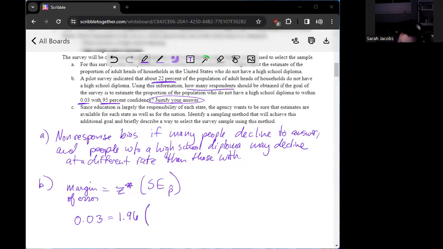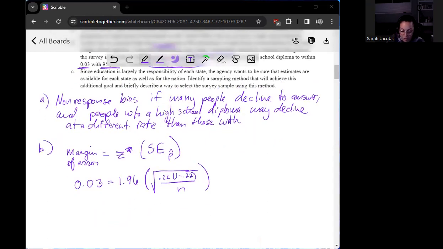Lastly, standard error. So that is going to be our proportion, 0.22, that's 22%, times 1 minus our proportion, all over our sample size, which is what we don't know. So we're going to use a variable because that's what we do when we don't know. Now it's just algebra. Divide both sides by 1.96.